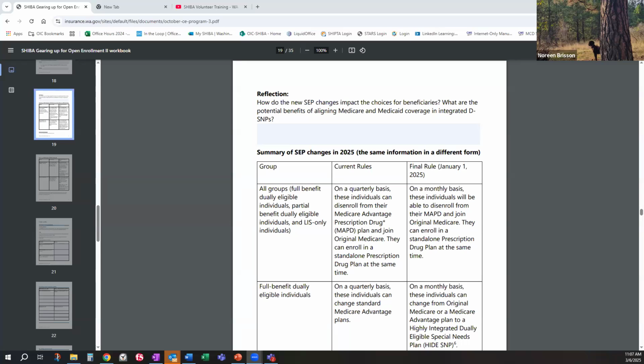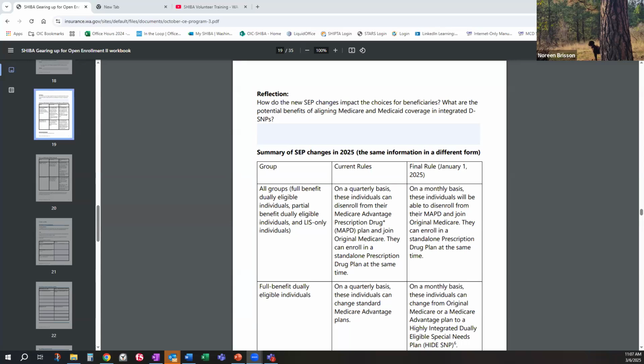Our difference is that people can only change their Medicare Advantage plan or a D-SNP plan if they are doing it to go on to a D-SNP plan that's in alignment with their mental health benefits.